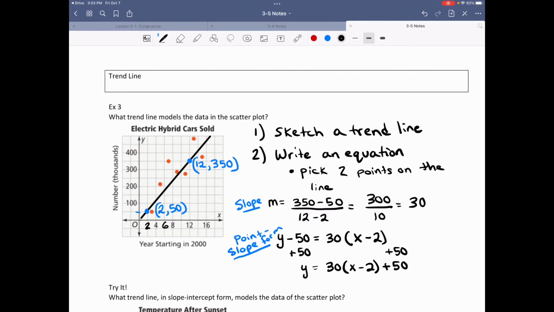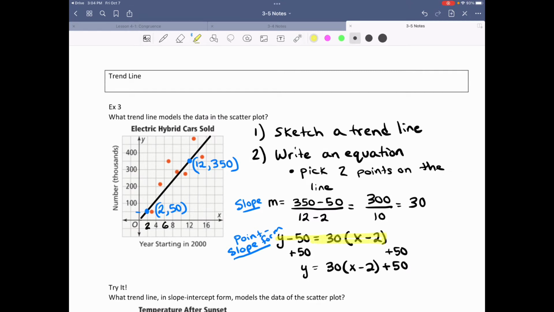If you wanted slope-intercept form, you could distribute and you could collect like terms, but that is not necessary unless you're trying to graph it by hand. Which, if you're graphing it by hand, you would just put in the points and the slope anyway. All right, so either of those equations are correct.